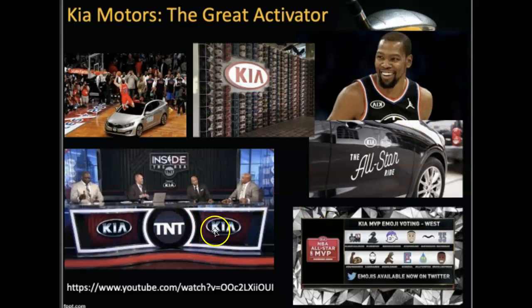Another thing they do is they have the logos when TNT was live streaming the events, and they have cars driving all around Los Angeles, helping people get the recognition. And also they sponsor the NBA All-Star MVP. So they're using a lot of different ways. They try to make sure the money they pay for the sponsorship is worth it, to maximize the value.